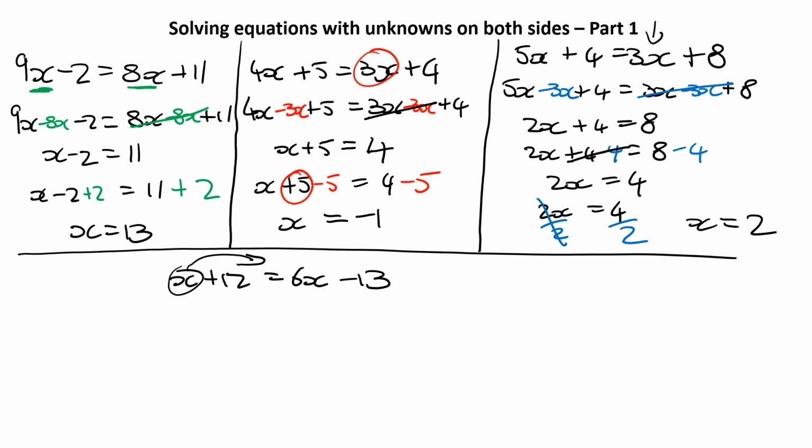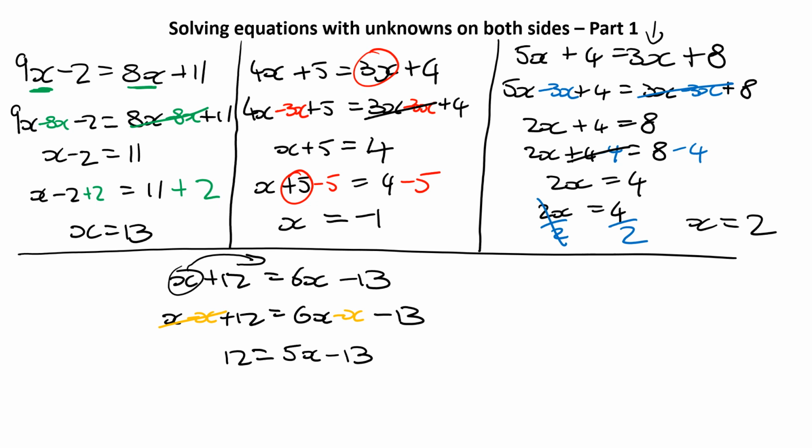So let's write that out. x, leave me a space there, equals 6x, leave me a space, minus 13. It's going to be minus x, that'll cancel that out, minus x. What I'm left with is 12 equals 6x minus x, which is 5x, minus 13.